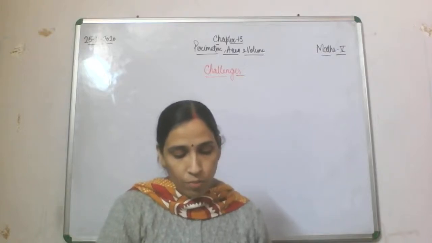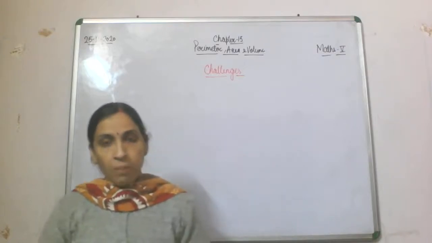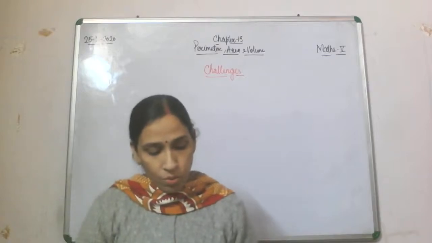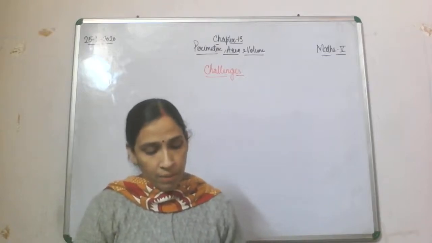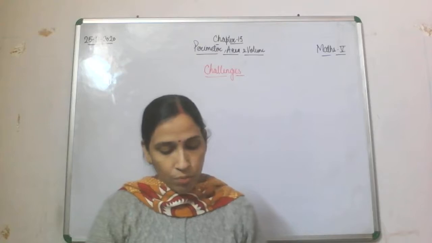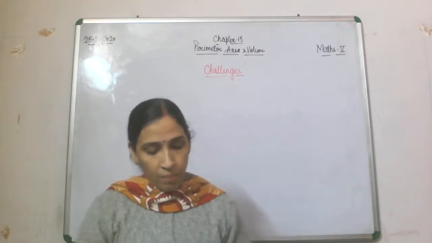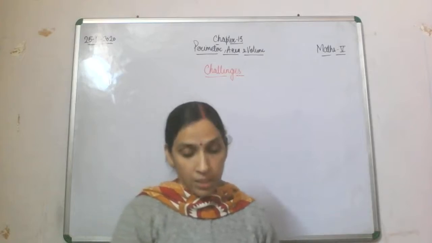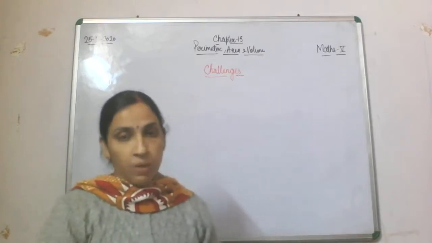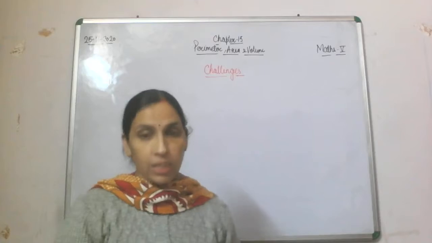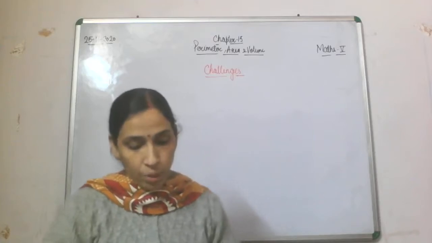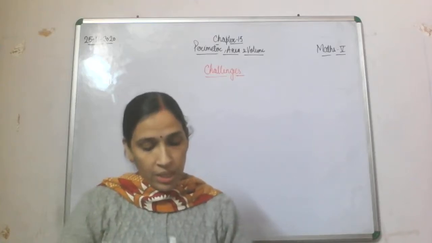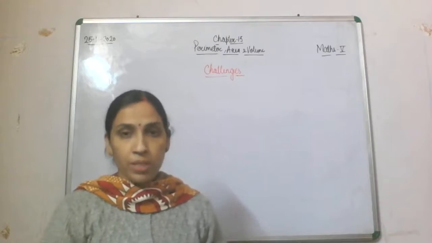The volume will be the same as when 12 matchsticks are used. What will be the least volume of the cuboid made with 20 such matchsticks? Now it doesn't matter what the length of that side is. So these challenges you are going to do in your book itself.